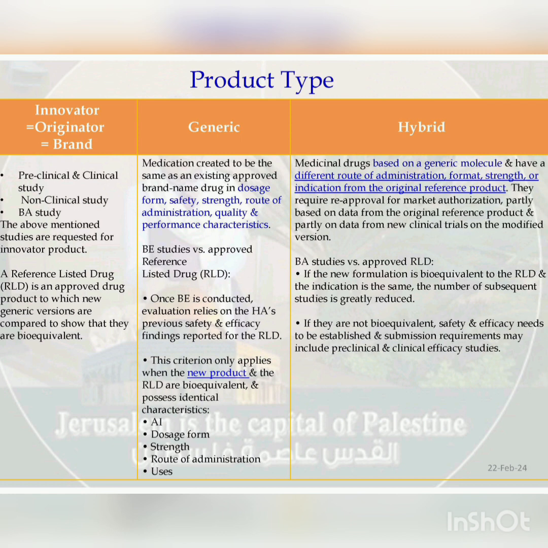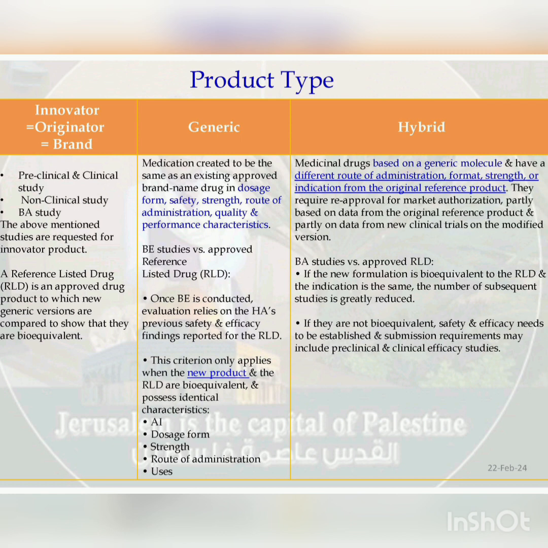It is a medicinal drug based on a generic molecule, with a different route of administration, format, strength, or indication from the original reference product. A hybrid molecule requires reapproval for market authorization, partly based on data from the original reference product and partly on data from new clinical trials on the modified version.